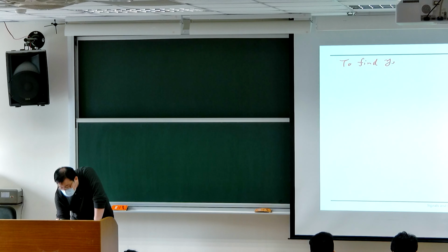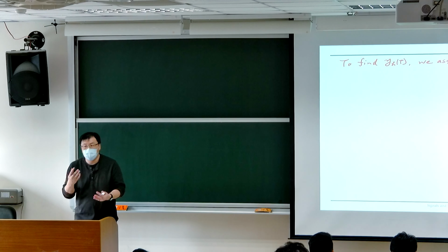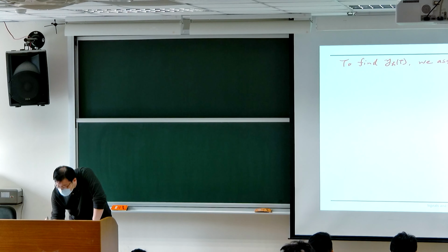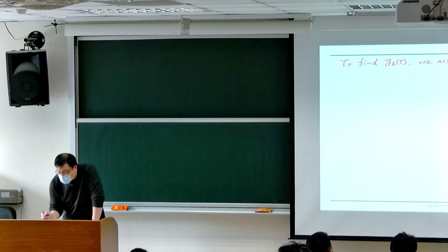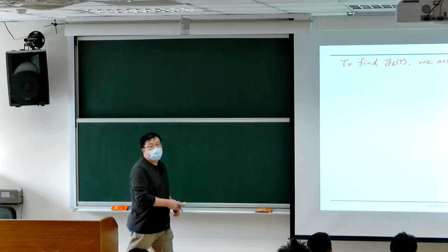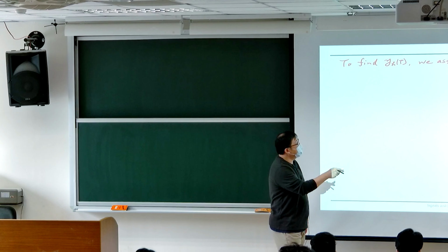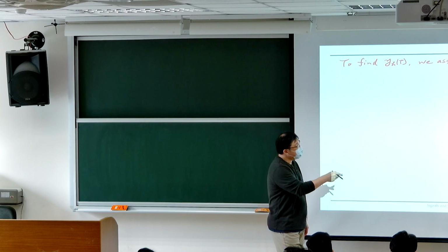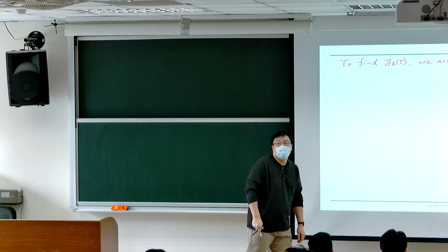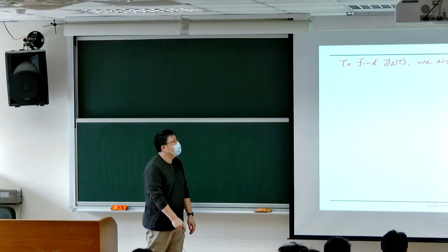So to find y sub h of t, we assume that y sub h of t is also equal to some exponential form, but we're not sure what the exponent may be. So we're not sure about the scale, and we're also not sure about the exponent.